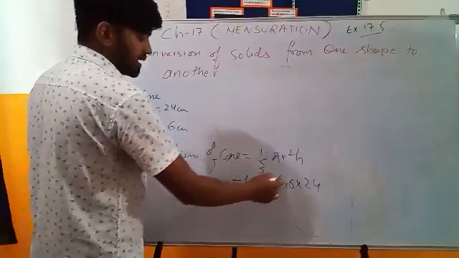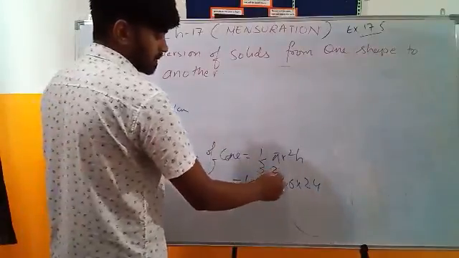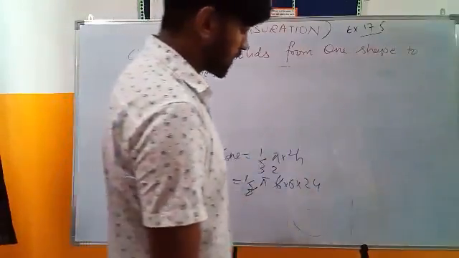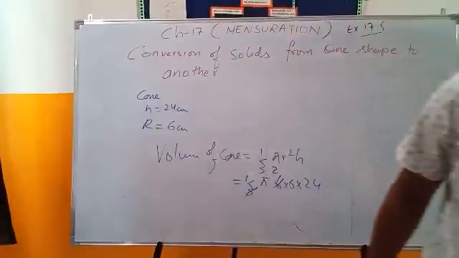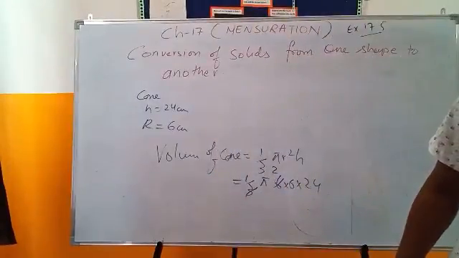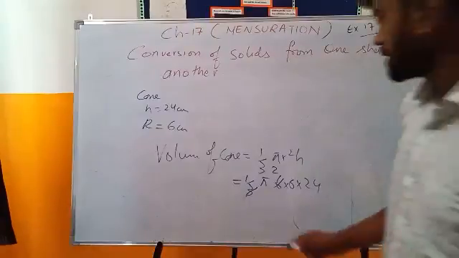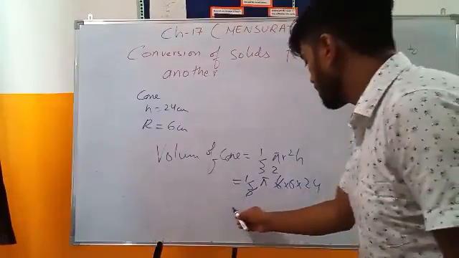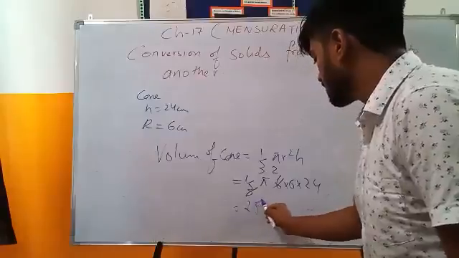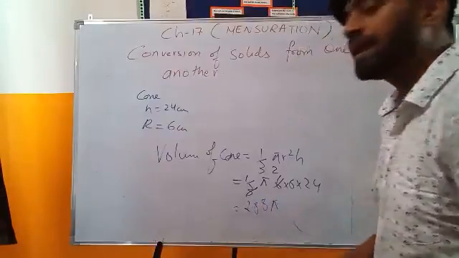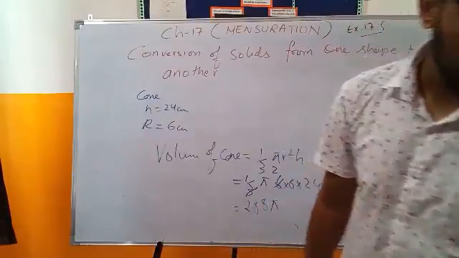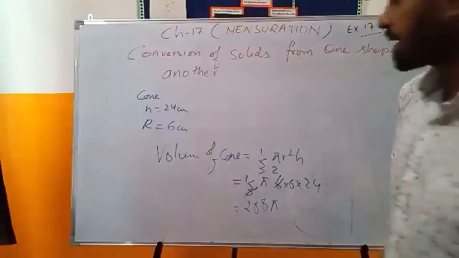The 3 gets cancelled out, and this becomes 2. 24 into 2 is 48, and 48 into 6 is 288. So 288 pi. I'm not writing the value of pi right now.